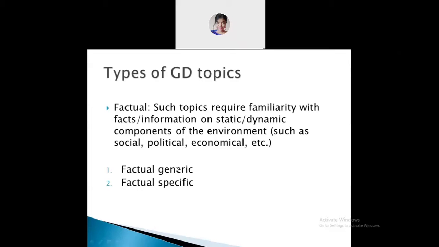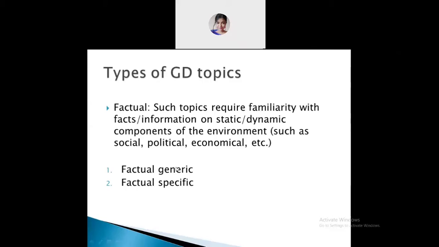Now what is a factual generic topic? Factual generic topics are related to the general things around us.